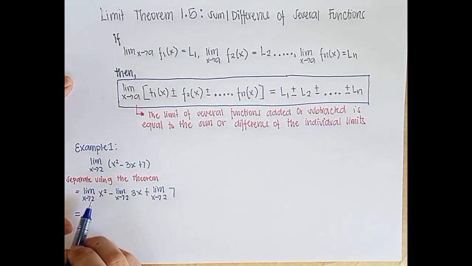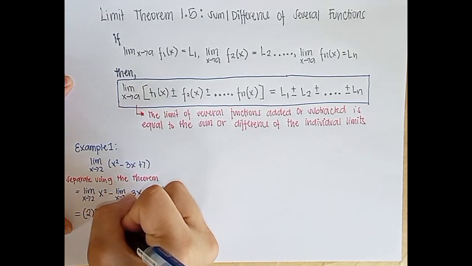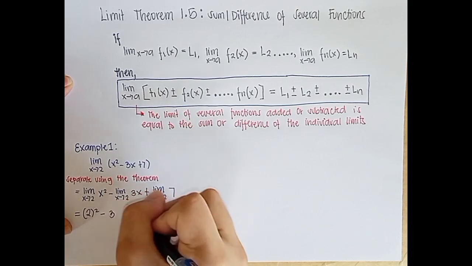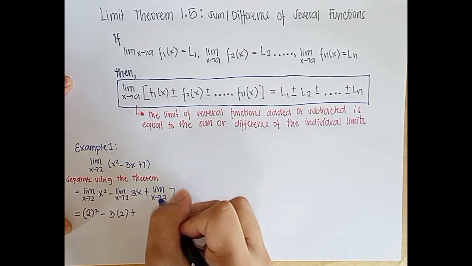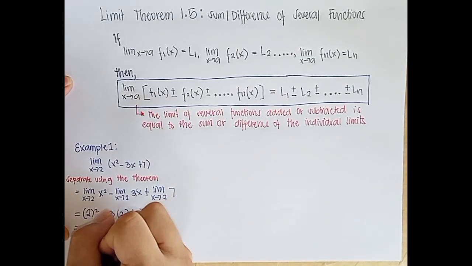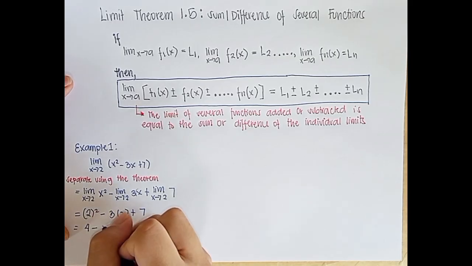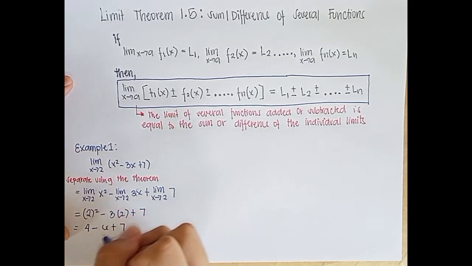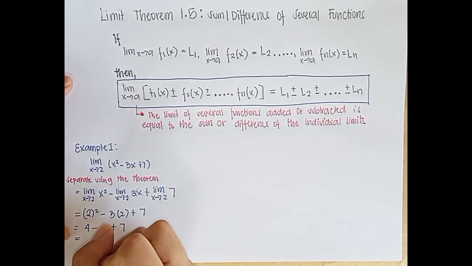So we have to substitute the value of our x into the following expression. So x squared becomes 2 squared, minus 3x becomes 3 multiplied by 2, plus 7, since 7 doesn't have the variable x. So 2 squared is equal to 4, minus 3 times 2 is equal to 6, plus 7.